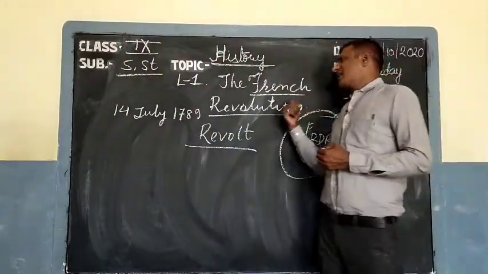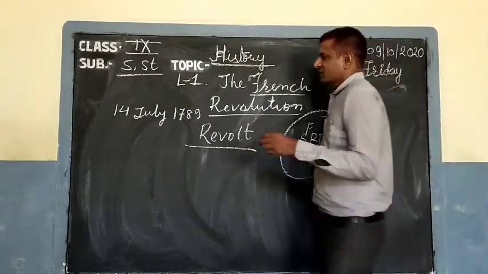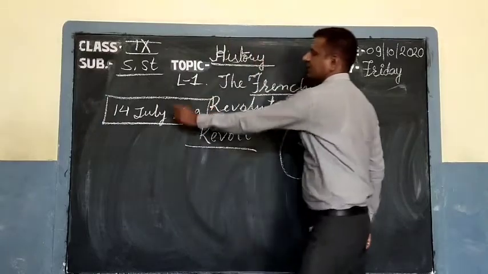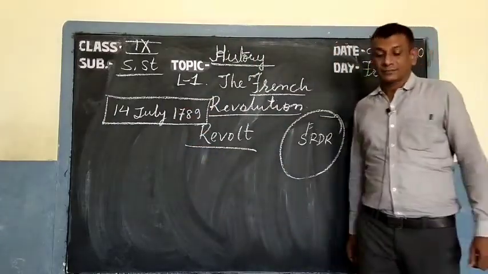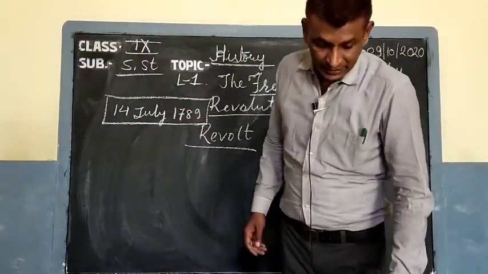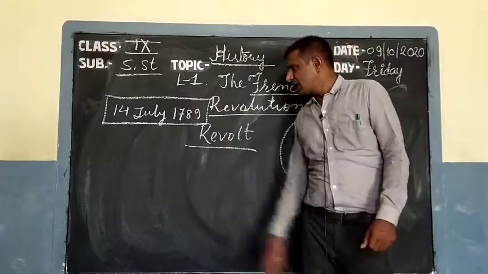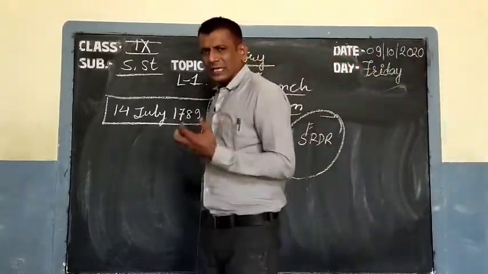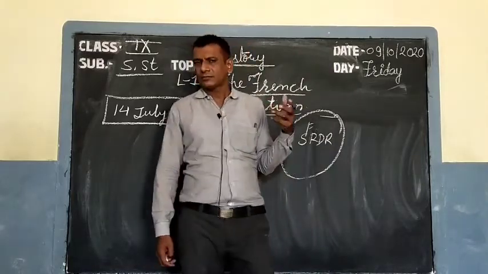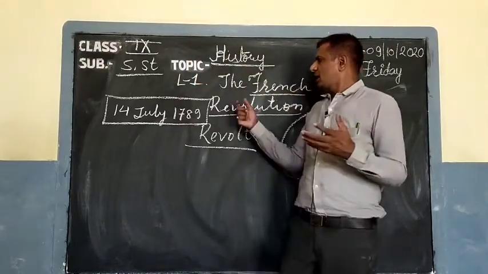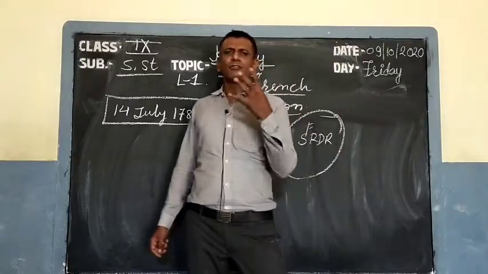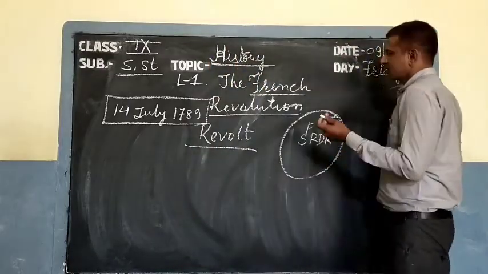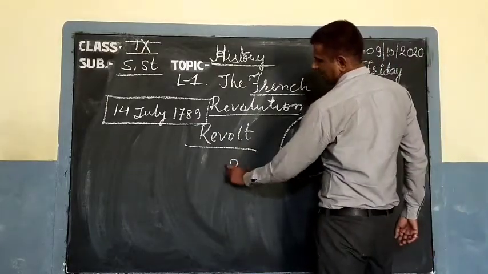So students, the French Revolution started, or you can say broke out, on 14 July 1789. What happened? I tell you a very brief introduction in simple words. On this day, people of France, and the capital of France is Paris, right?